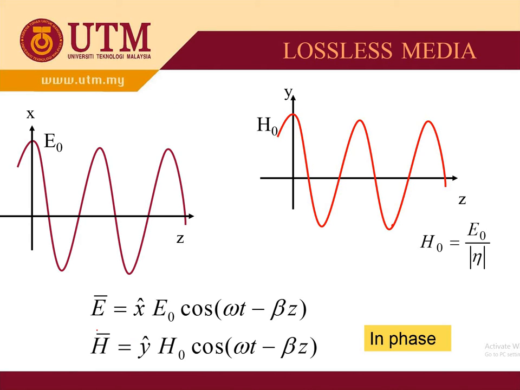If we have these equations, in the lossy media we notice that one of these two equations will have the angle of the intrinsic impedance, right? Before, in the lossy media, we have this angle, either here or here. In lossy media, E leads H, or H lags E. In the lossless media, however, you can see E and H are in phase.